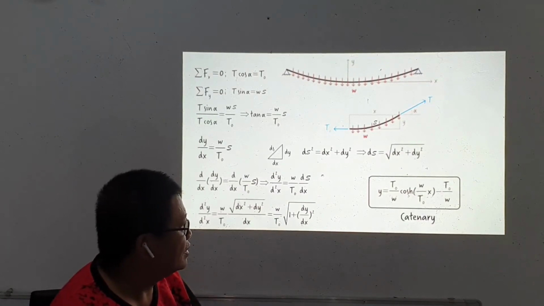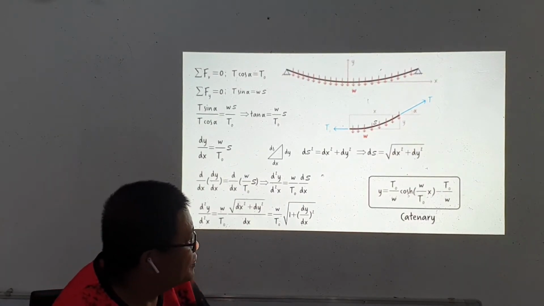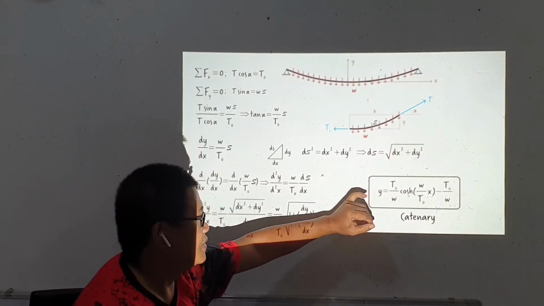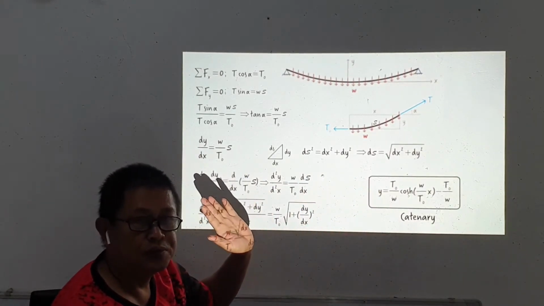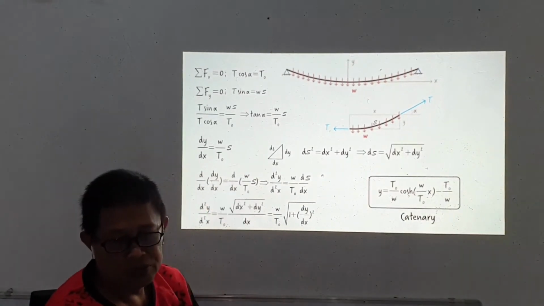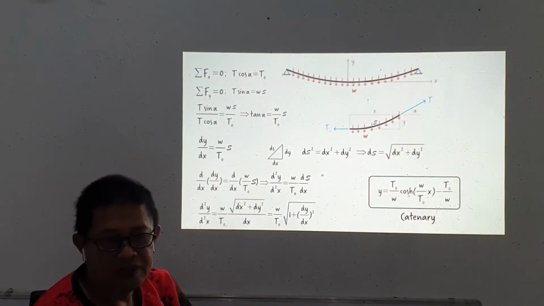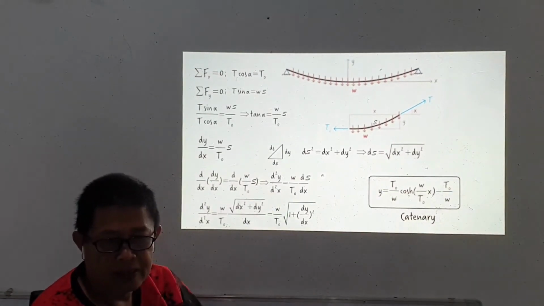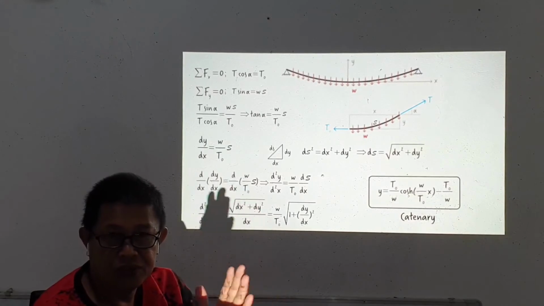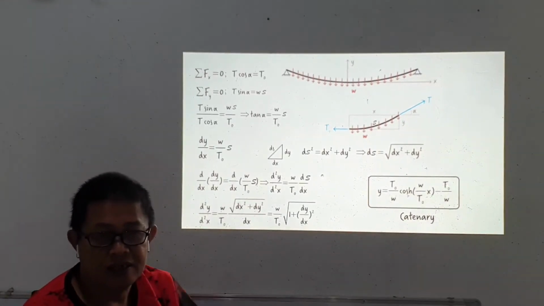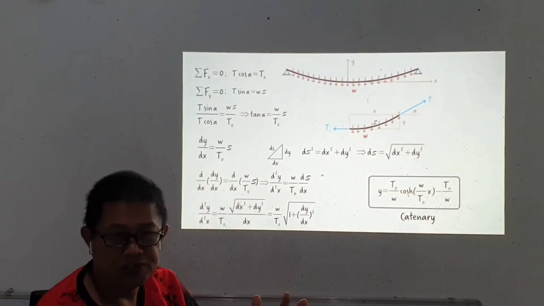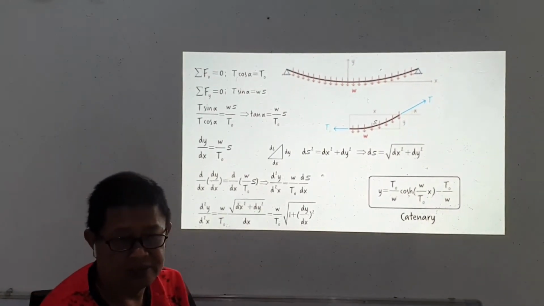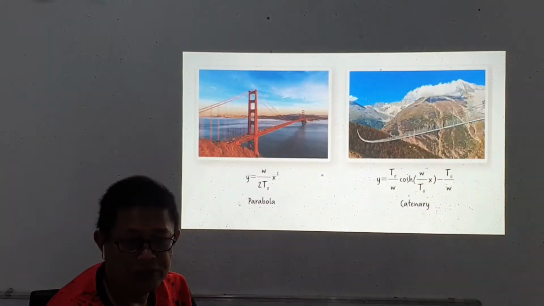So this is an equation that represents a catenary, which is different from our previous parabola. So here we are demonstrating the difference between a structure that is carrying a load distributed along its span and a structure in which the load is distributed along its actual length, along the arc of the cable.